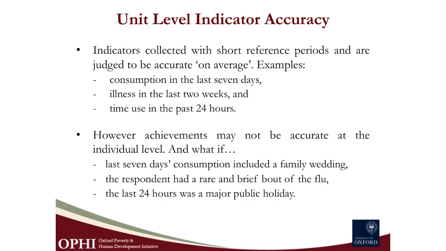Something else about the accuracy of the indicators, which also affects our usual socioeconomic analysis, is that some of the indicators in the surveys, like consumption, illnesses or time use, are usually asked for a very short period of time.